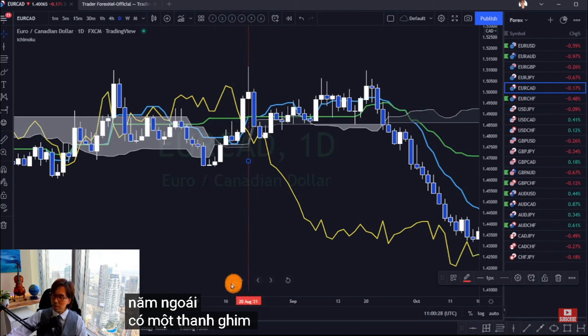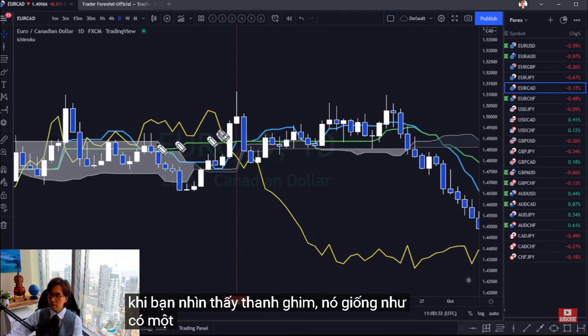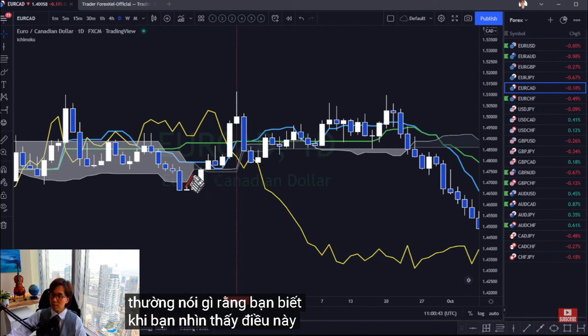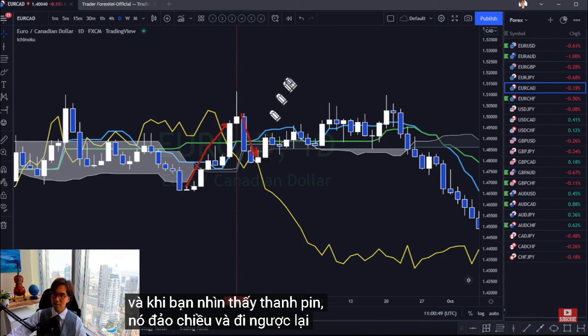There was a pin bar, and when you see a pin bar, it's like there's a smaller body than wick, with the wick pointing upwards. In the textbook, usually it says that when the market goes up and you see a pin bar, it reverses and goes backwards.